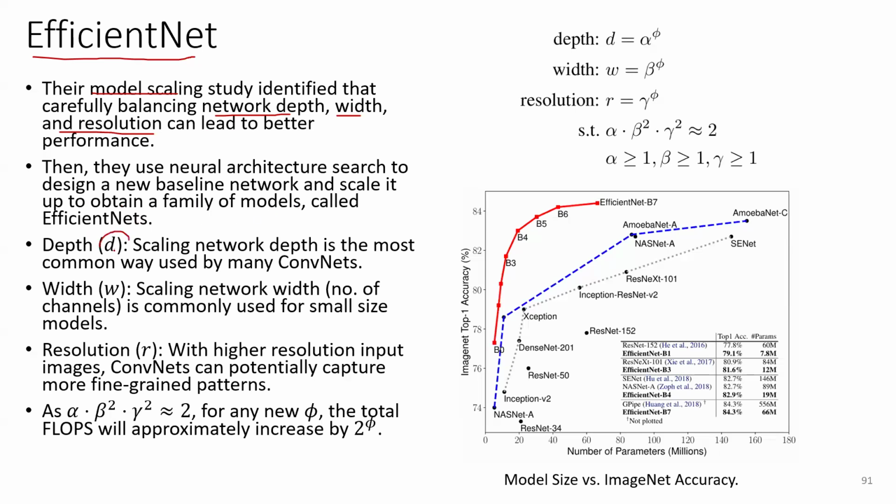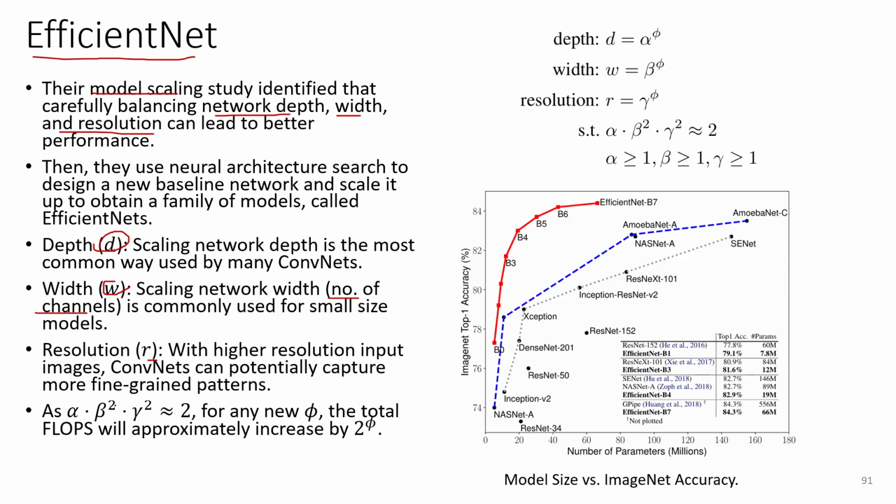Depth is d. Scaling the network depth is the most common way used by many ConvNets, as you know. Scaling the width, they call it the number of channels, is commonly used for small size models. Resolution: with high resolution input images, ConvNets can potentially capture more fine-grained patterns.